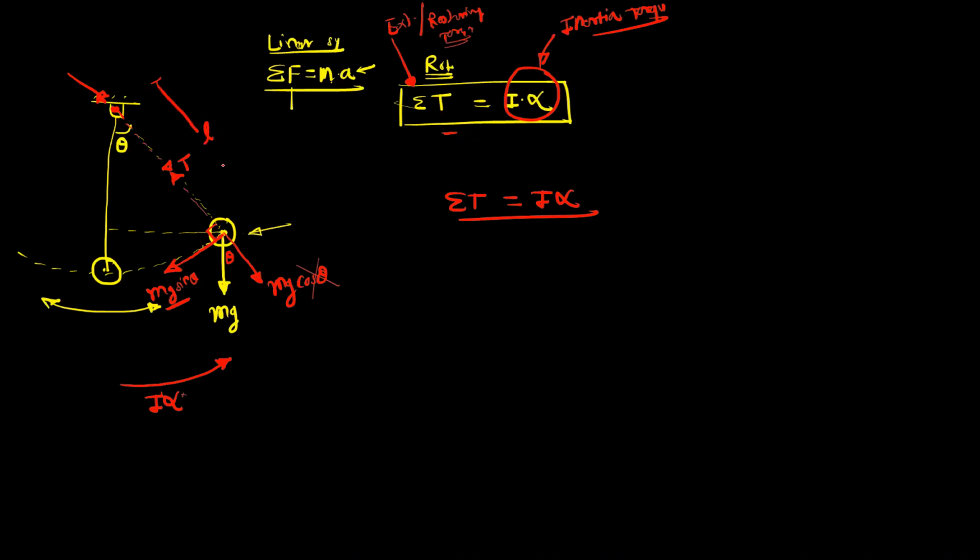So this perpendicular distance is L, the length of the pendulum. Okay. So this torque will be mg sin theta into this moment arm, that is the perpendicular distance, this is L, and this moment is clockwise about this point of rotation.